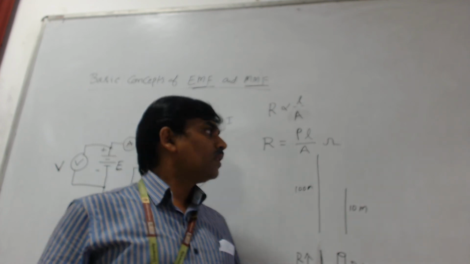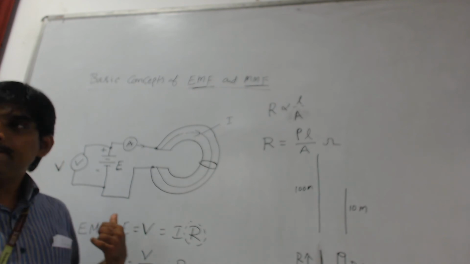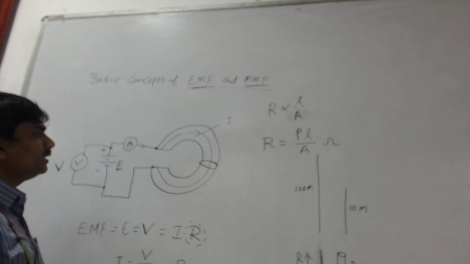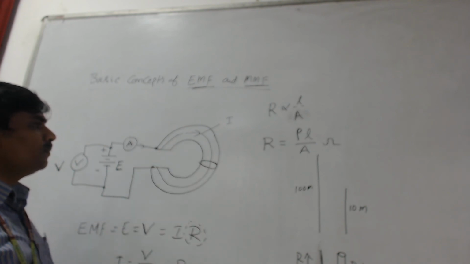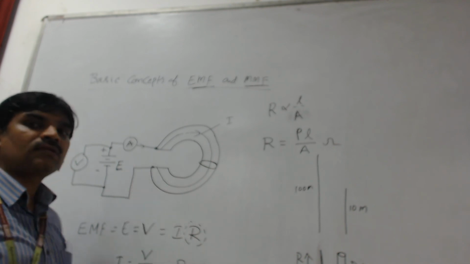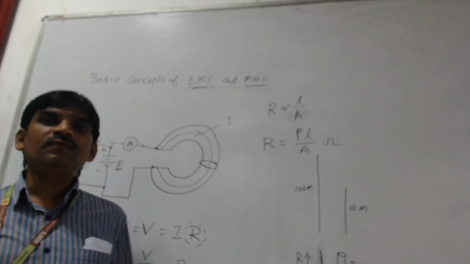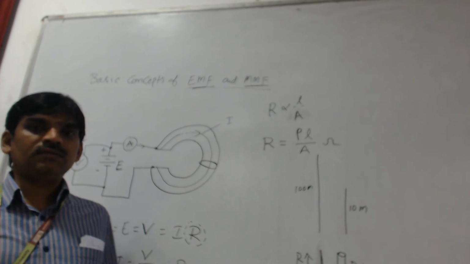Now I am giving a small conclusion. The closed path of electric current is called an electrical circuit.